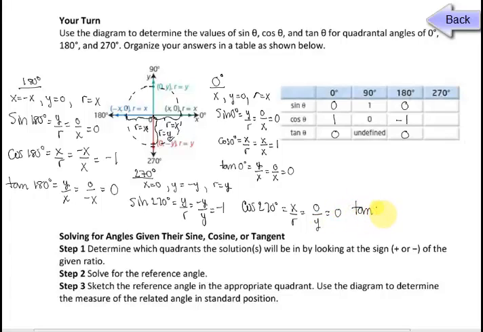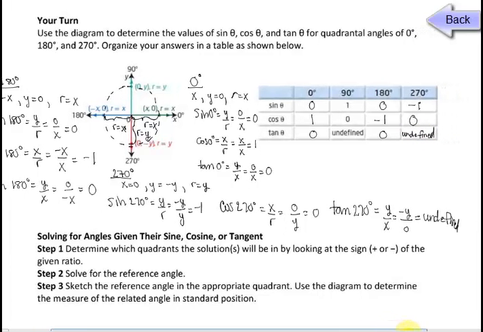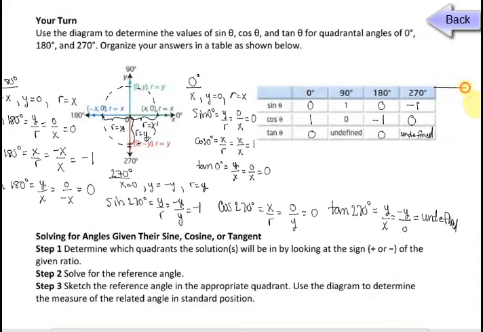And tangent of 270 degrees is y over x, y is negative y, x is 0, and anything divided by 0 is undefined. Okay, so let's fill our chart in. At 270 degrees, sine of 270 is negative 1, cos of 270 is 0, and tangent of 270 is undefined.